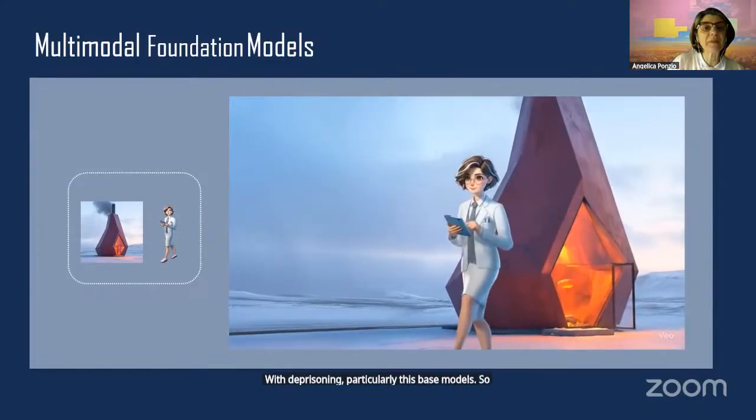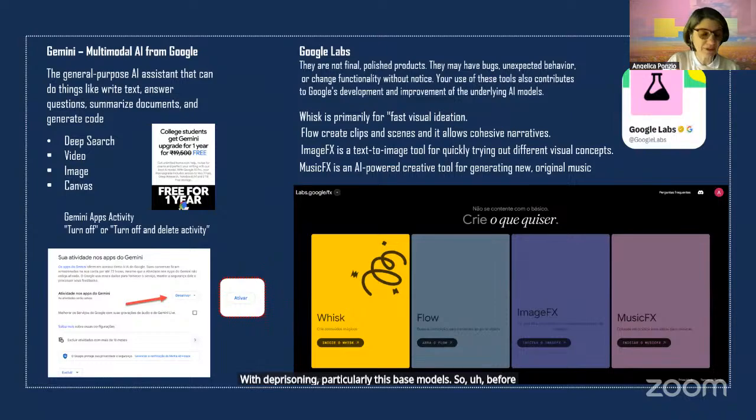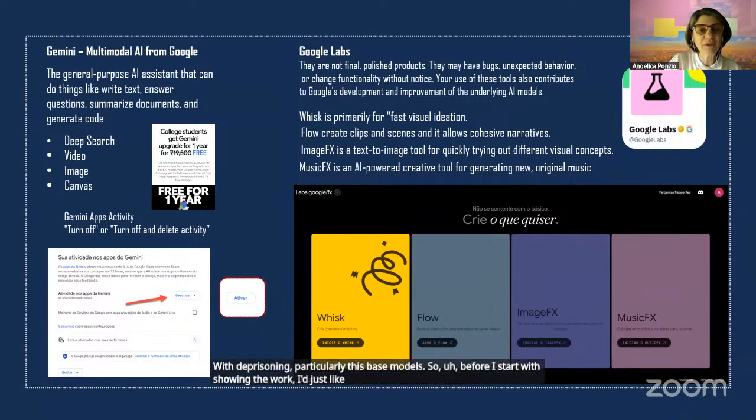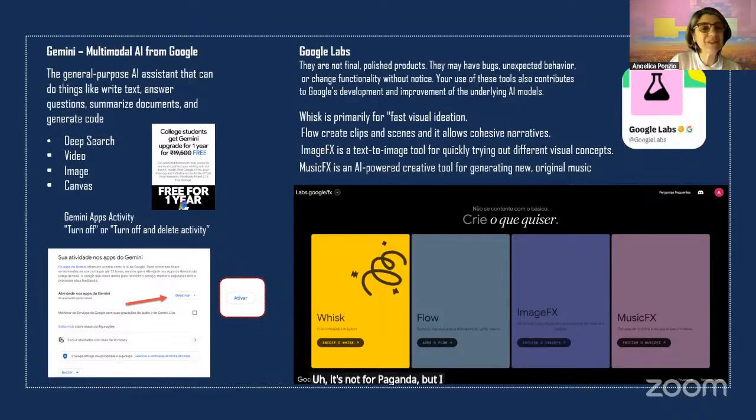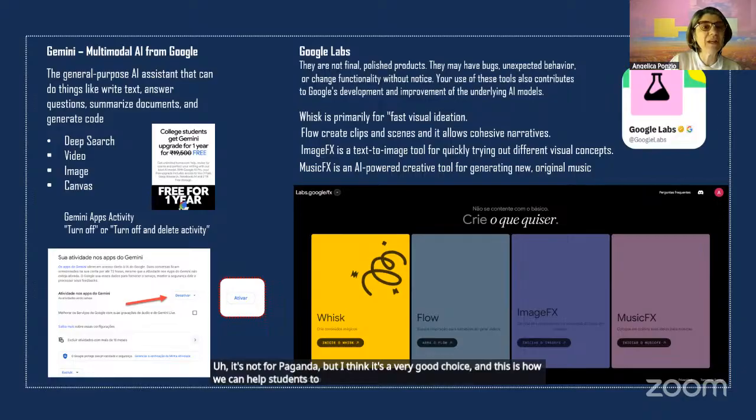Before I start showing the work, I'd like to introduce this specifically to the students. It's not propaganda, but I think it's a very good choice, and this is how we can help students work with these models.